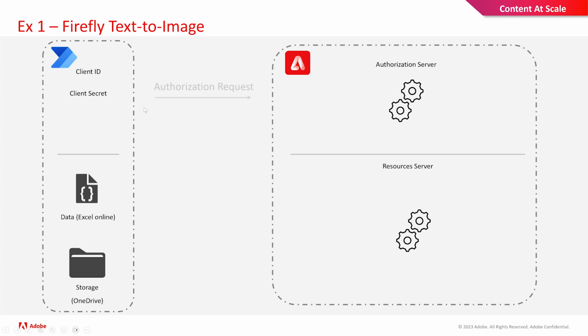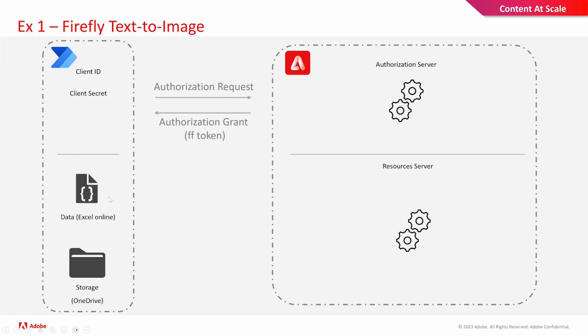As just explained, and indeed that was what we did last time, we exchanged the ID and the secret through an HTTP request to the authorization server. The authorization server generates a token for us. And what we are going to do is to use this token to make the first Firefly API call.